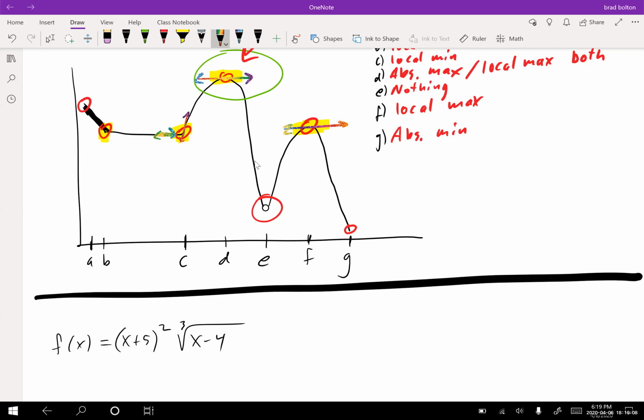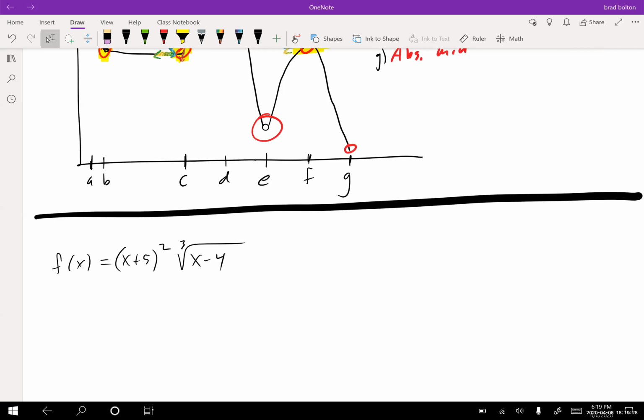So that might be a situation where we run into a derivative that does not exist. Okay, so we have a couple of scenarios that cause local mins or maxes: when the derivative does not exist at that location, or when the derivative is equal to 0. When these two things happen, these are called critical numbers.